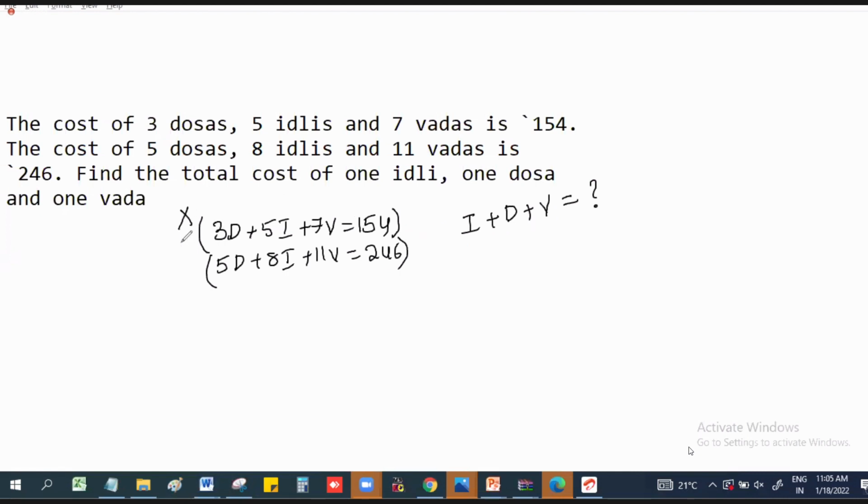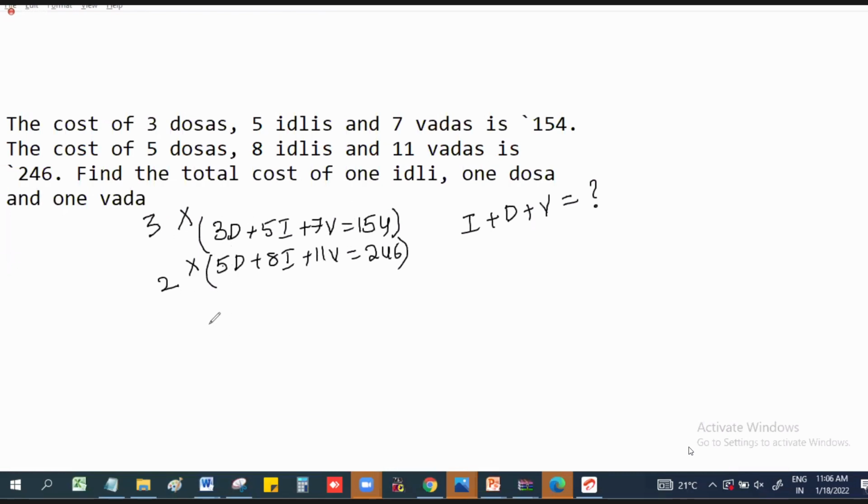You might have observed it, what should we multiply by? Here we have 3 and here we have 5. If you multiply the first equation with 3 and the second equation with 2: 5 2s are 10, 3 3s are 9, the difference is 1. 5 3s are 15, 8 2s are 16, the difference is 1. 7 3s are 21 and 11 2s are 22, the difference is 1. Yes or no?